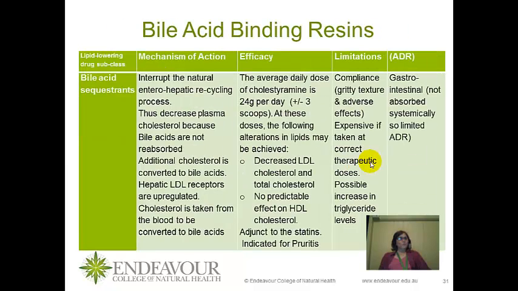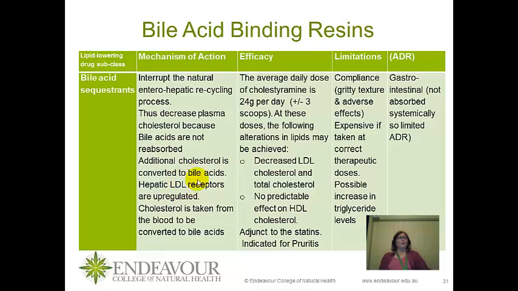So we'll see with the bile acid sequestrants, they interrupt that natural enterohepatic recycling of cholesterol, causing the cholesterol and those bile salts to not be reabsorbed, so that they're destined for excretion in the feces. In this way, you clear more cholesterol from the plasma. But like statins, there's changes in receptor levels as well.